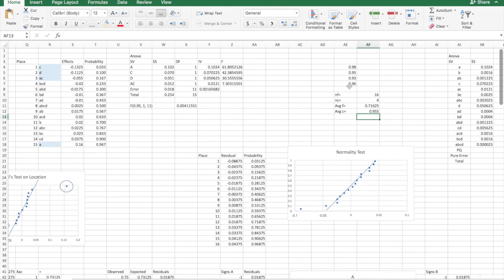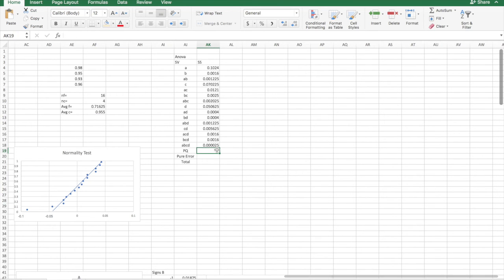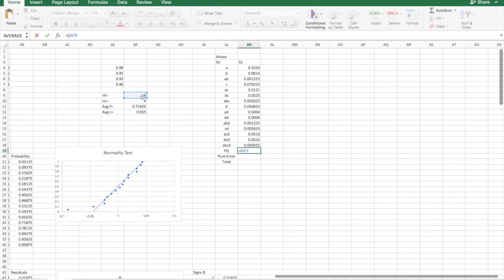So now with that we can obtain the sum of squares of the pure quadratic, which equals NF times NC times parentheses the average of F minus the average of C close parentheses squared. I'm gonna add here another parenthesis to make sure.